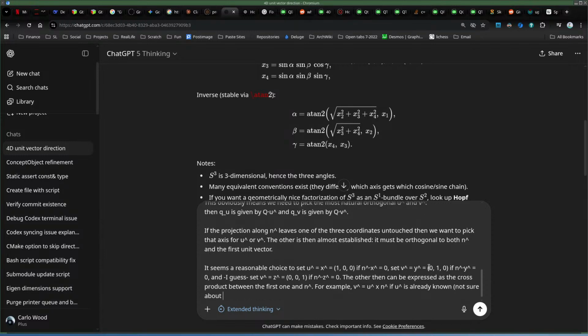Not sure about the sign, but you should use the opposite. It's for the other way around. Use minus v cap dot x, I mean, in.